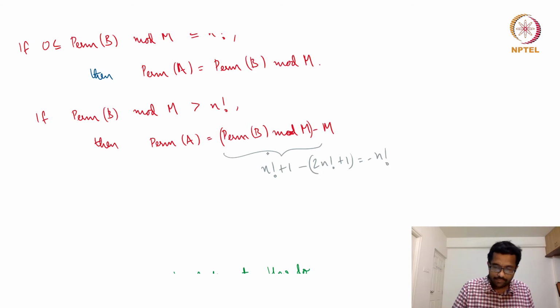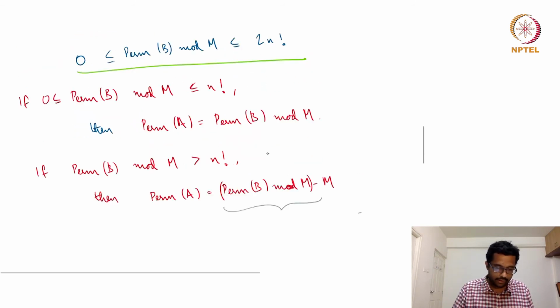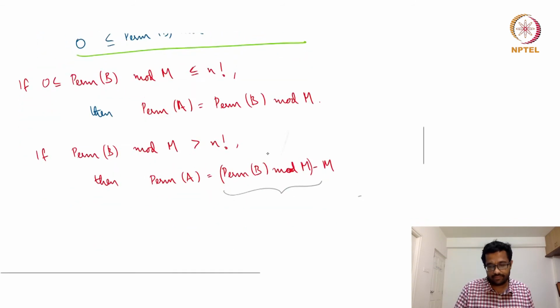So like that, there is a correspondence between all the values of permanent B mod m and permanent A. So you just compute permanent B mod m, and you can compute permanent A using that, right?